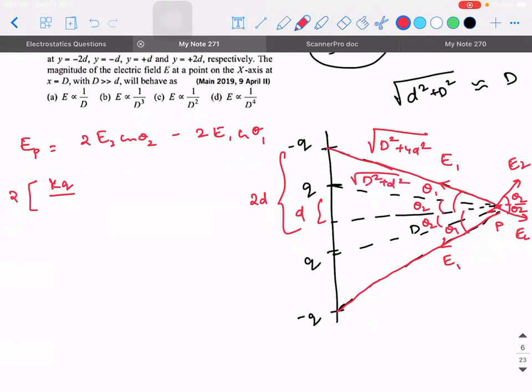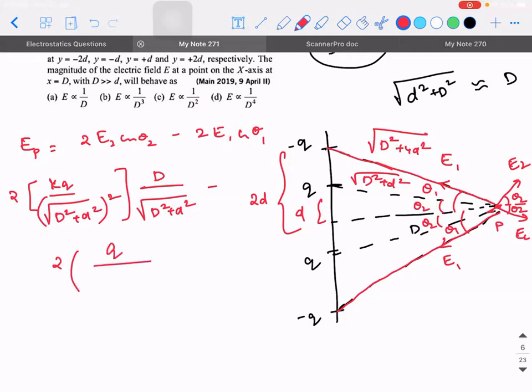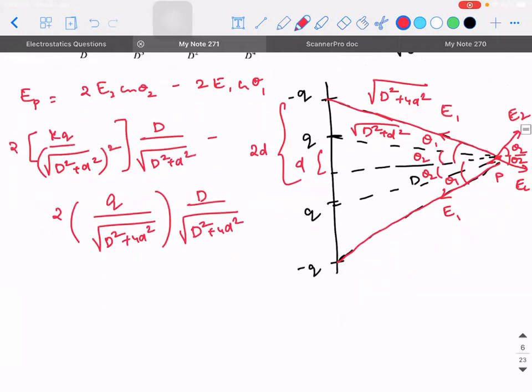So 2 times KQ divided by square root of D square plus d square into cos theta 2. Cos theta 2 will be D divided by root of D square plus d square, minus 2 times, what is the value of E1, guys? KQ divided by root of D square plus 4d square into cos theta 1. Cos theta 1 is D divided by root of D square plus 4d square.